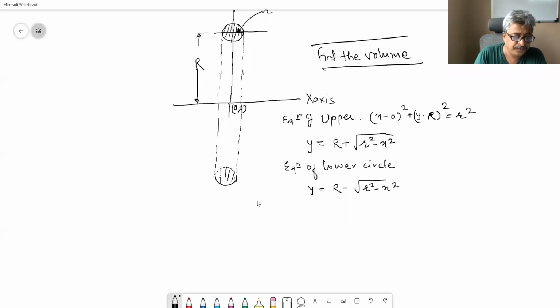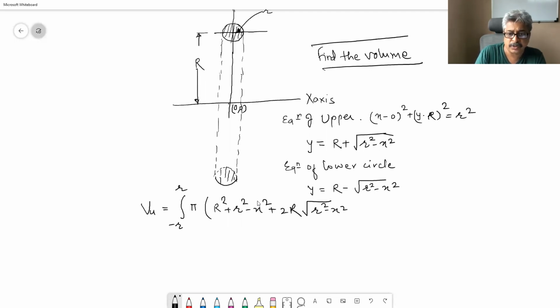V upper is equal to integral minus r to r pi y square, which is capital R square plus r square minus x square plus 2 capital R radical r square minus x square dx.